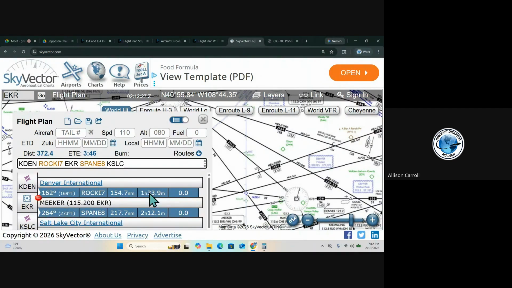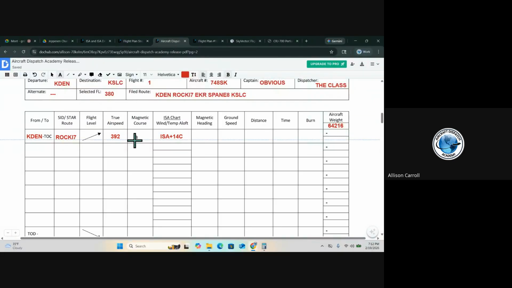We give you the conditions in your flight plan packet. All right. So what we need from here, we have 162 degrees. There's our course on this Rocky 7 departure. And it's going to take us 154.7 nautical miles to get to Meeker. So 162, there is our course.